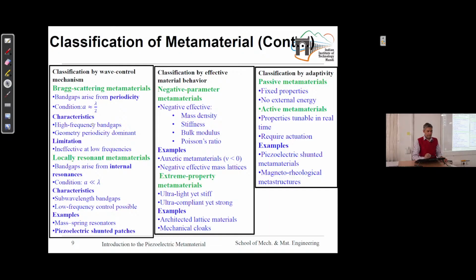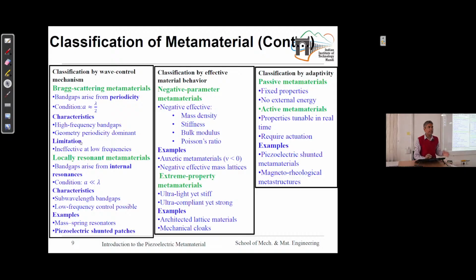Right? So this has a characteristic: A is equal to lambda by 2. So it can be done only for high frequency band gaps, that is, waves with high frequency can be stopped. So the limitation is that it is ineffective at low frequency.